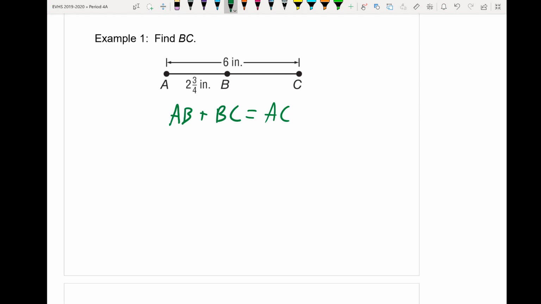Now we start substituting in. Okay, AB is 2 3/4 plus the distance from B to C, which we don't know, equals AC, which is 6. Now, notice that right here, this BC. In algebra, we saw only single variable or single letter variables, all lowercase.